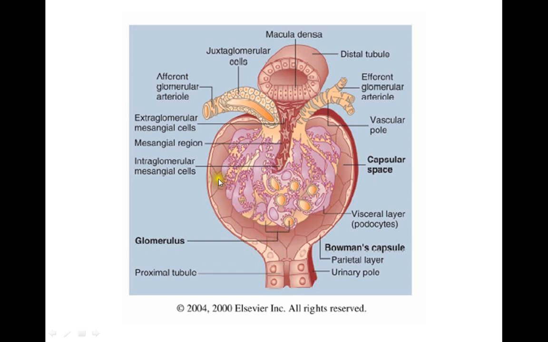This space is surrounded by a capsule, and inside this capsule you have another kind of cells known as parietal epithelial cells.